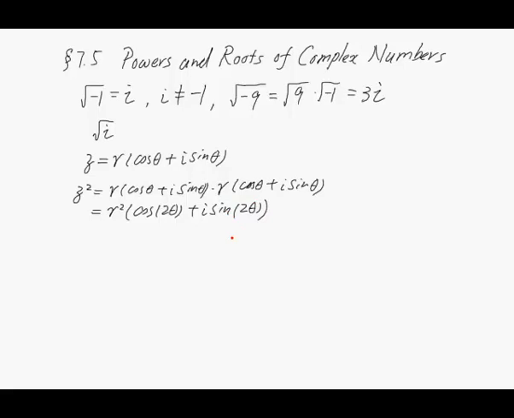Okay? Now let's look at the cube of z. Z cubed is equal to z squared times z. And then you have r squared times (cosine of 2 theta plus i times sine of 2 theta) times r times (cosine theta plus i times sine theta).